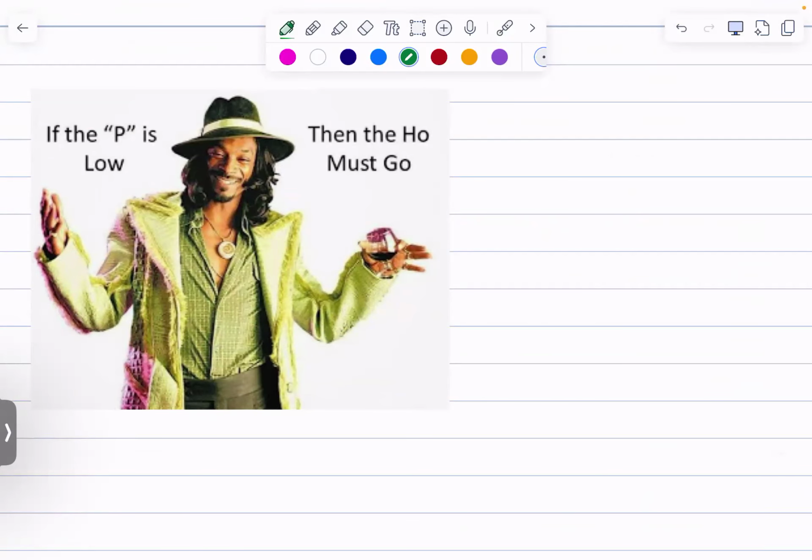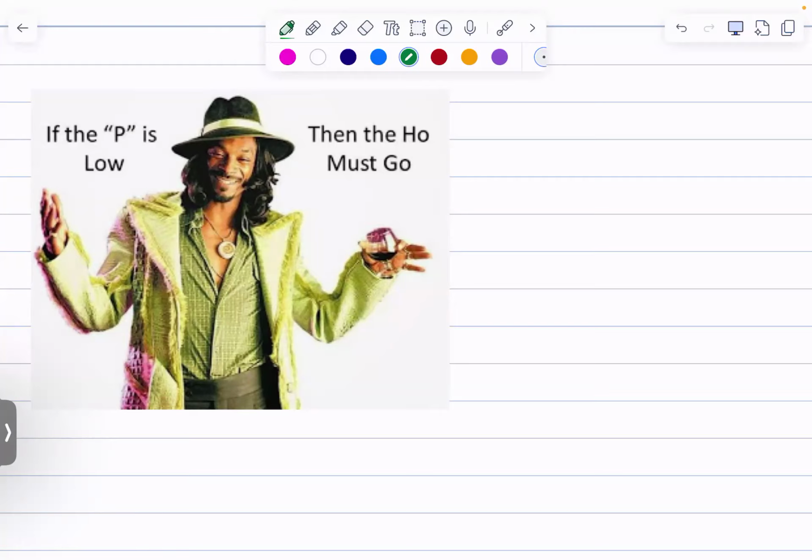If the P is low, then the null hypothesis must go. Just rolls off your tongue. Keep that there. Inappropriate, yes, I'll admit that. But helpful, also, yes. And usually on final exams, I'll see it scribbled on the front page or something because it is catchy.